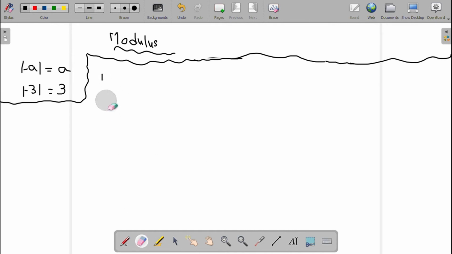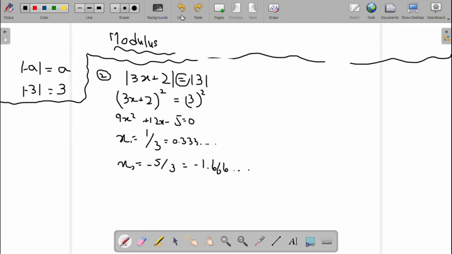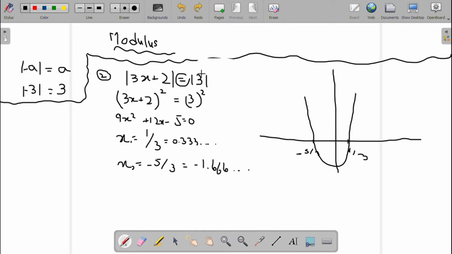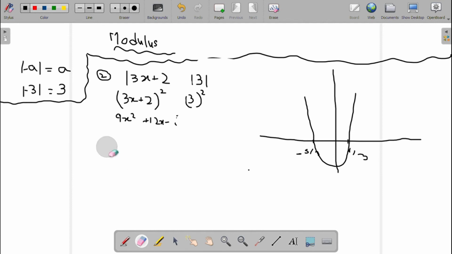For example, let's take the same example we had, but instead of the equals sign, let's take the greater than sign.